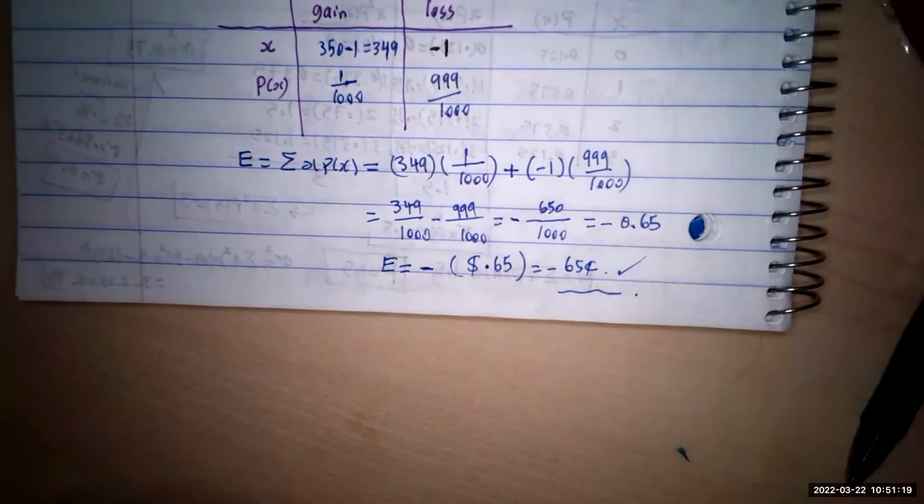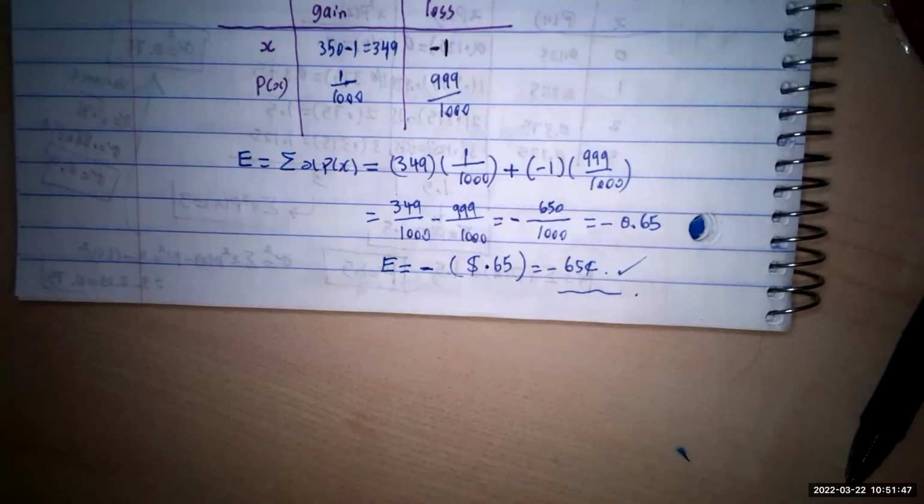So this means for the people who participate in this game, on average, each one of them will lose 65 cents. And on the other side, the company or the guy who set up this game, on average, will gain 65 cents from each ticket that somebody buys.